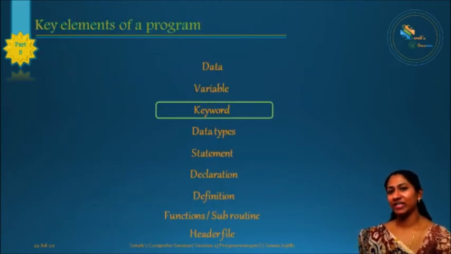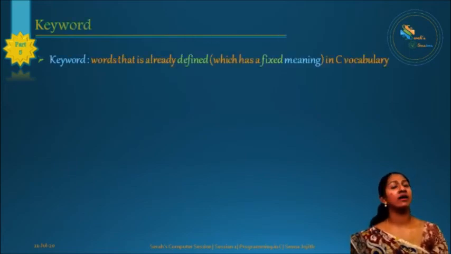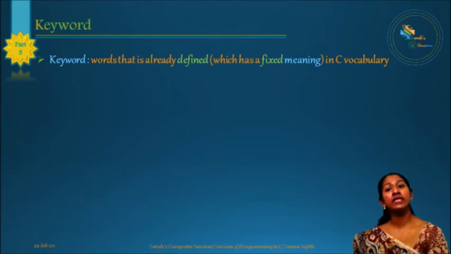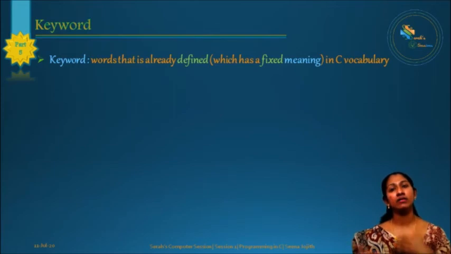We'll move on to keywords. Keywords are those words that are already defined in C vocabulary. See, we know that you people know about dictionaries, right? Dictionaries have words and the meaning associated with that word.